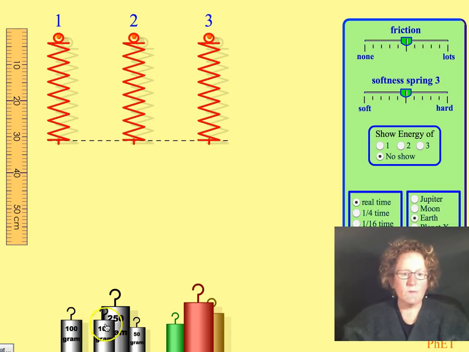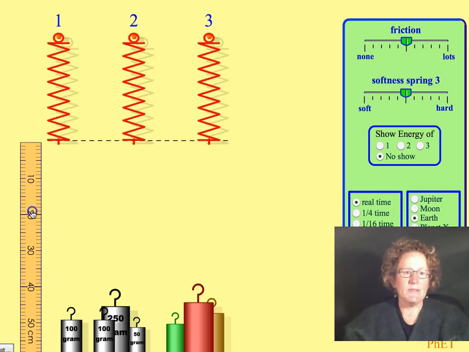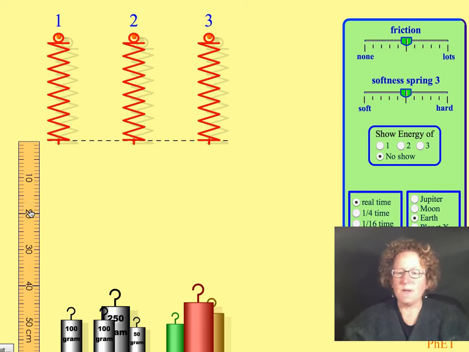These masses we know the mass of. These masses are unknown, and it will be our job in the lab to find the mass of these using a formula. One thing that we want to measure in this lab is displacement. That's how far the spring stretches.